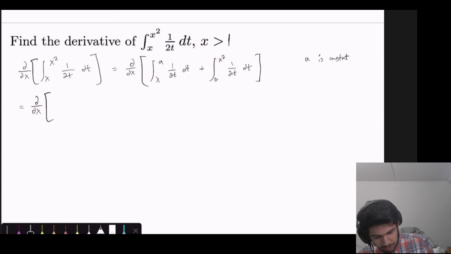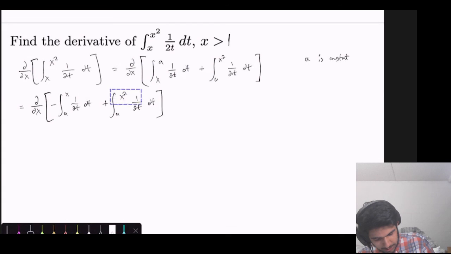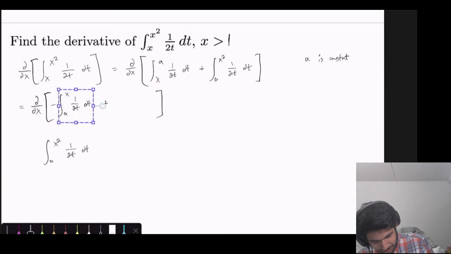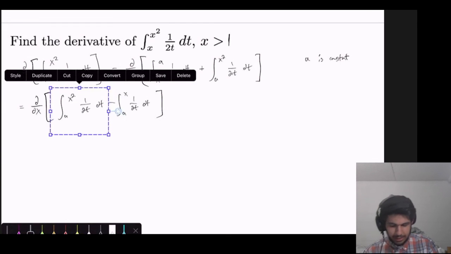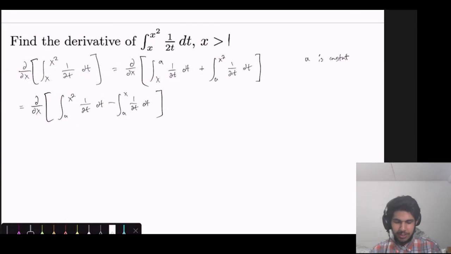This is equal to negative integral from a to x of 1 over 2t dt plus the integral from a to x squared of 1 over 2t dt. I'm just going to rearrange these a little bit: bring this one over here, change this to a minus sign, and then put this one here. That's the same thing, just a little bit cleaner.